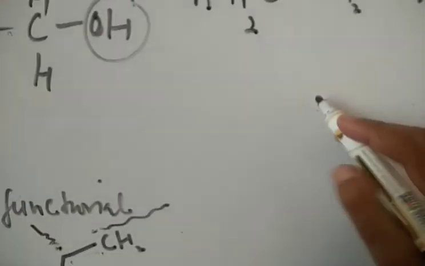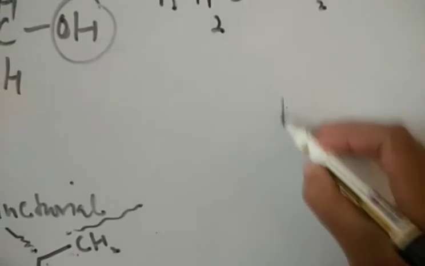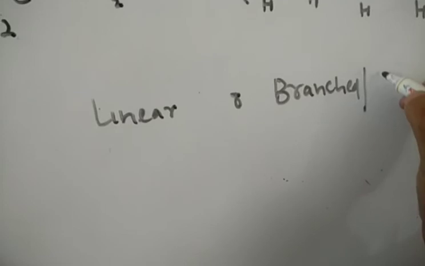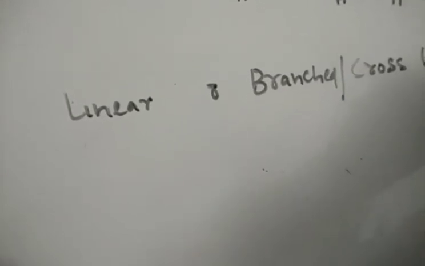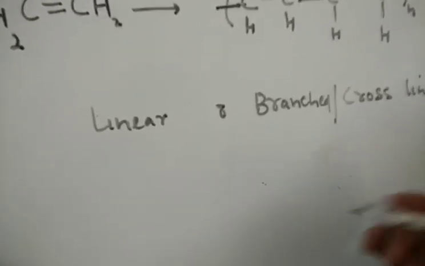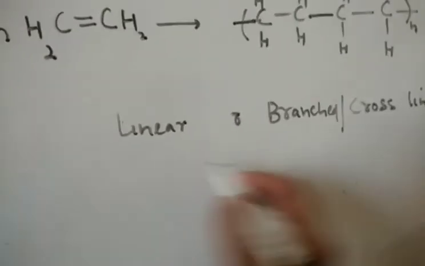Now the important outcome of functionality is whether a polymer is linear, or branched, or cross-linked. We have already studied this categorization. If you are following for the first time, you can look back at the types of polymers and classification of polymerization, where we discussed this.